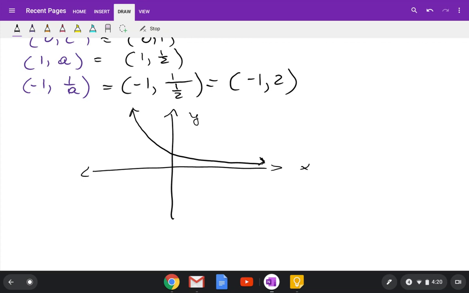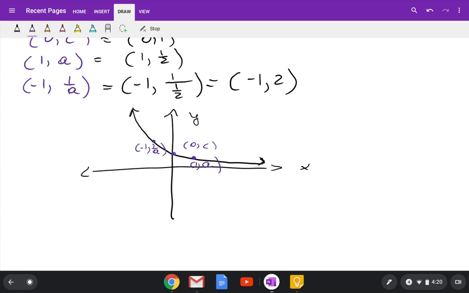And those are the 3 major points I mentioned. This is your 0, comma C. This one will be negative 1 over A. And this point here will be 1, comma A.